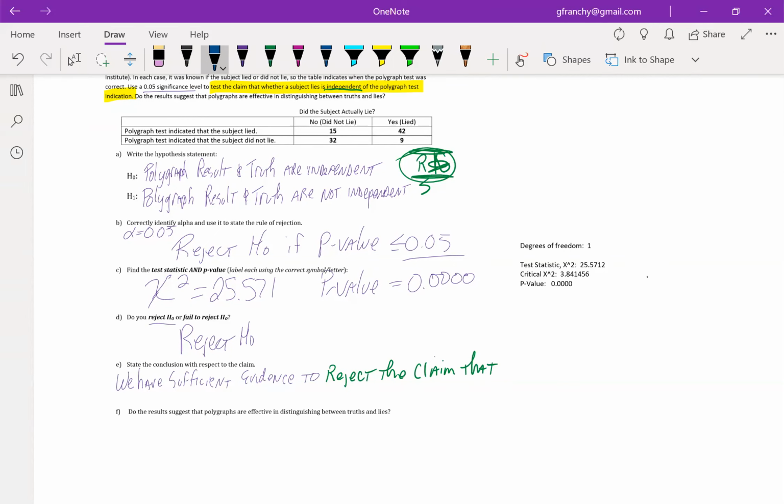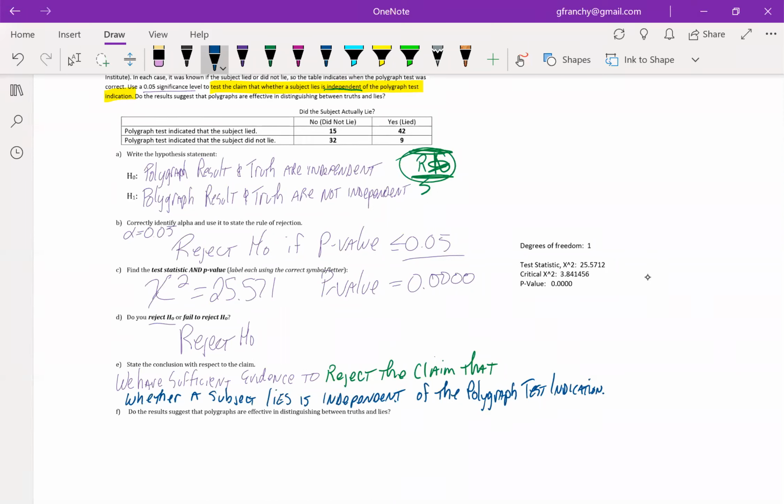and then our last bit is to just write the claim that whether a subject lies is independent of the polygraph test indication.